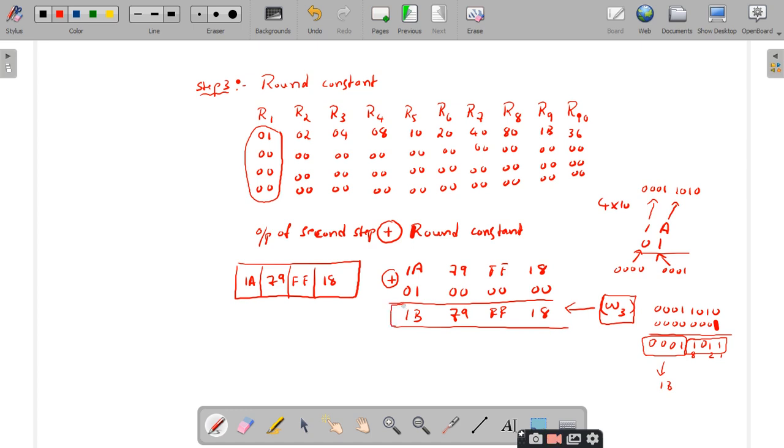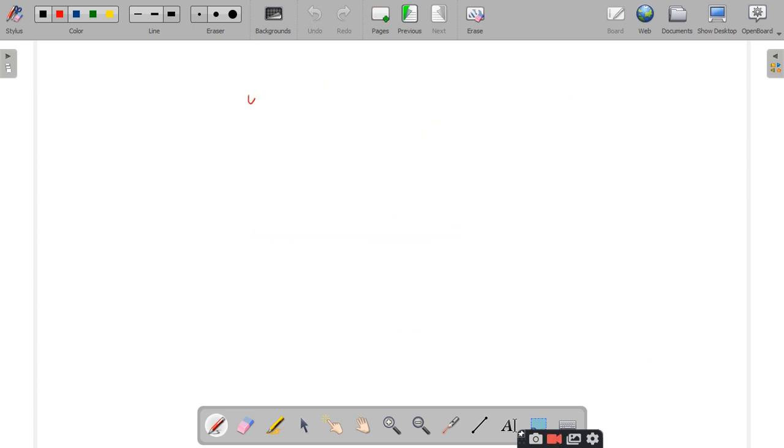So the entire word which I have generated here is the result of some operations on W3, right? So what is the formula that I have given for W4? W4 is given by W0 XOR G of W3. Am I right or not? I told that this G is a function. So how can I write this function? It is W0 exclusive OR, what have I performed on this W3?